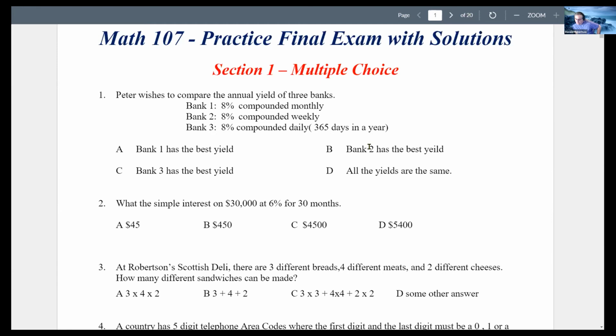Everybody answered that, so maybe they're not so sure. Why is it 3 better? Because it's compounded daily, so it's compounded more often than the others. And as long as the percentage stays the same, isn't that going to make the difference? So if you see that question, it was pretty easy to answer. You would just say C. So what's going to happen in the final is that all I will get from you from section 1 is C.